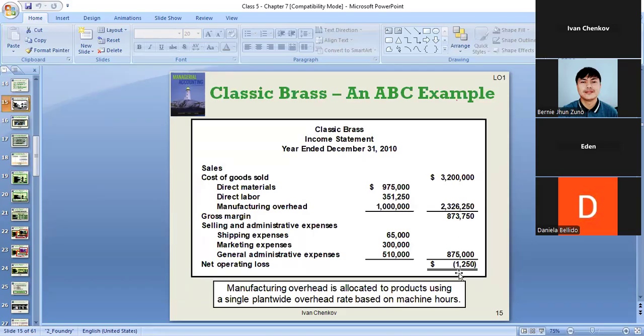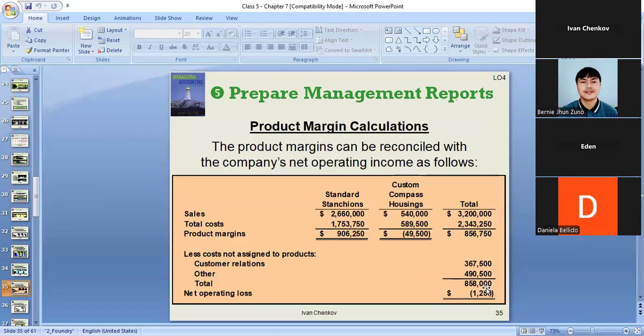In the very beginning, when we started, the company was losing $1,250 by applying manufacturing overhead only and not the other costs. Once we're using activity-based costing, we cannot change the fact that the company is losing money. But what we can see now is which division is profitable and which division is losing money. So in this case, if we simply eliminate the custom compass housing, we can solve our problem.